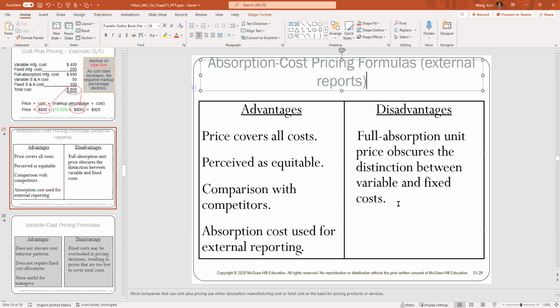The biggest disadvantage is that full absorption costing obscures the distinction between variable and fixed cost, right? Because when you use the full pricing, we are mixing all of the costs together.